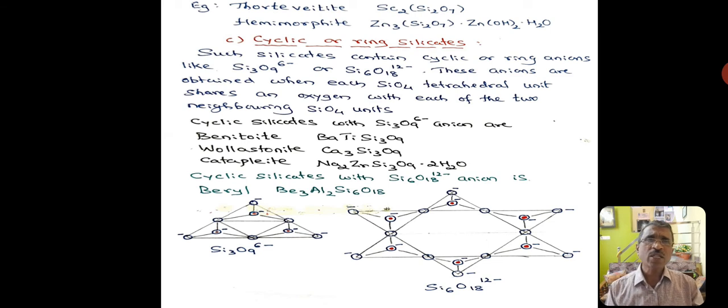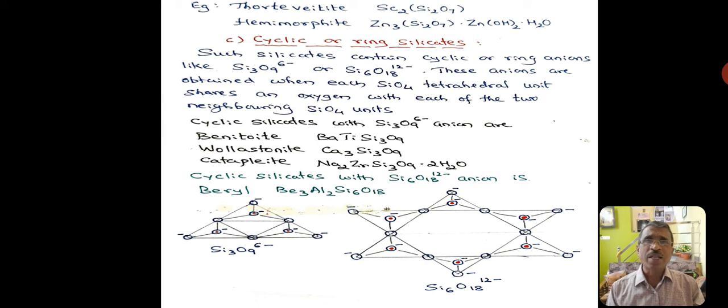Such silicates contain ring anions like Si3O9 having 6 minus charge or Si6O18 having 12 minus charge. These anions are obtained when each silicate tetrahedral unit shares one oxygen with each of the two neighboring SiO4 units.